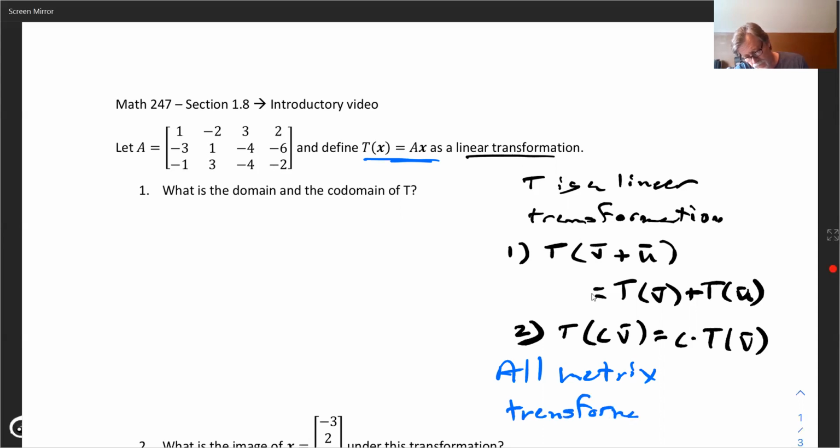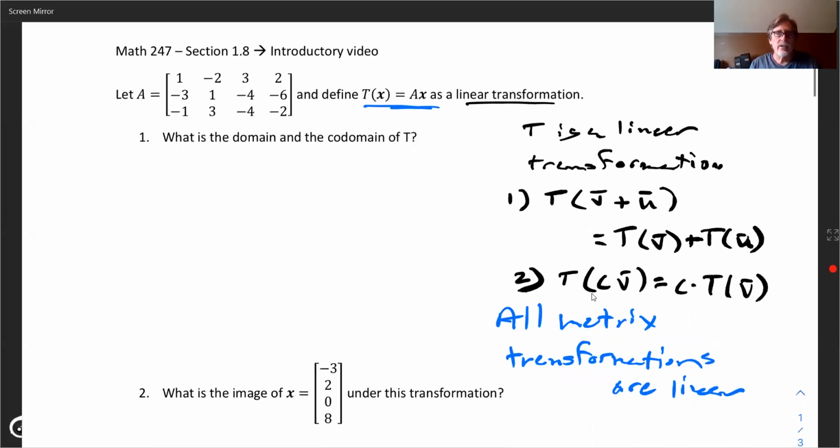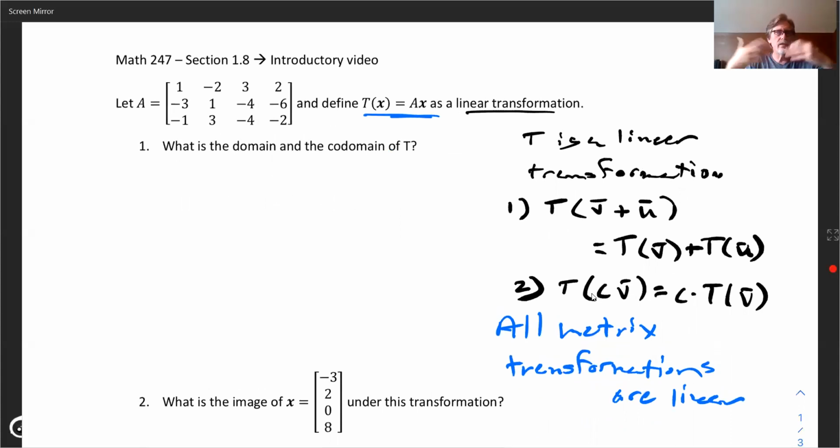What I mean by that is that when you multiply a vector by a matrix, that's always going to be linear no matter what. So what's going on here? If we say T of X is equal to A times X, it maps to some other vector.